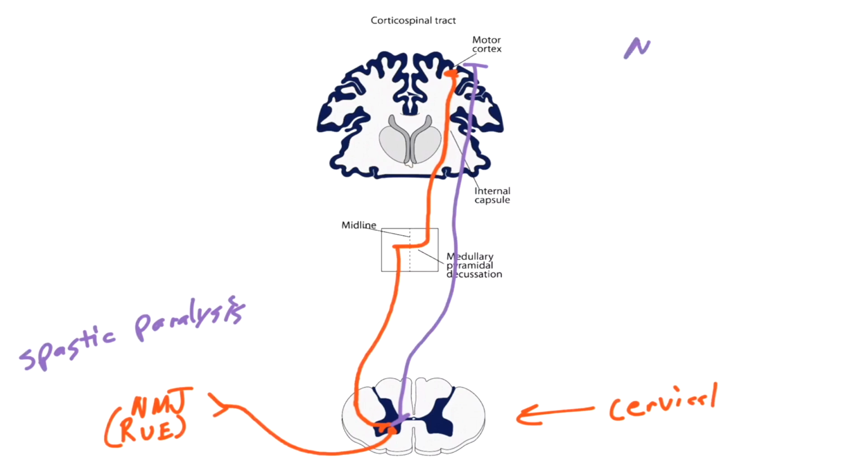However, if I now told you that the patient had an MCA stroke, then where would you identify the lesion? You would then focus your attention on the brain, where strokes occur, and you would think that the lesion happened prior to the decussation. So you'd focus your attention simply on the MCA area or the motor cortex. Let's do another question.